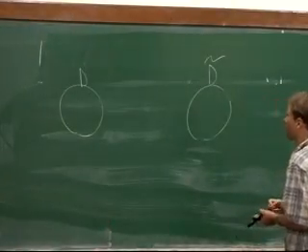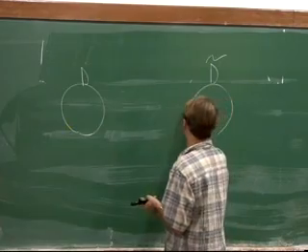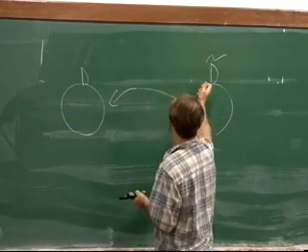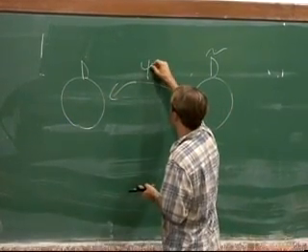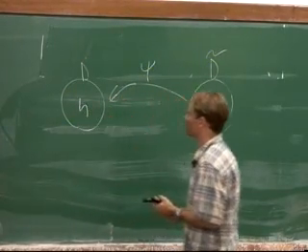So let's say I have a domain here, D, and I have a domain here, D tilde, and let's say I have a conformal map from D tilde to D that I'll call psi, and I have a Gaussian free field h over here.